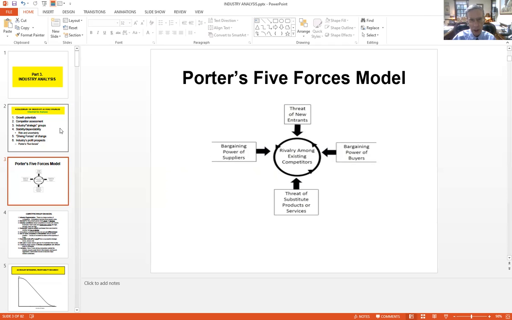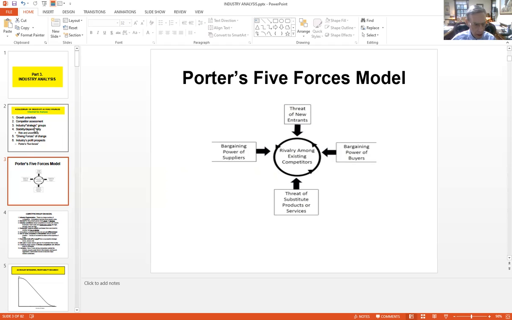To give you an idea of my age, I read that book and I still have it on my shelf. So in any event, Porter's model and its 5 forces begin with rivalry and the intensity of rivalry.